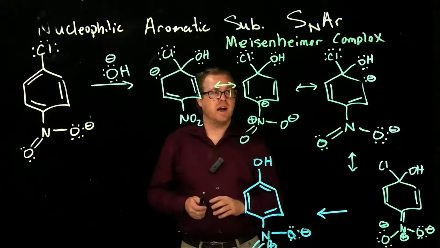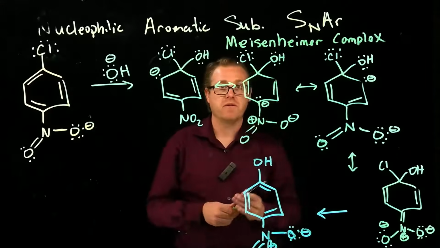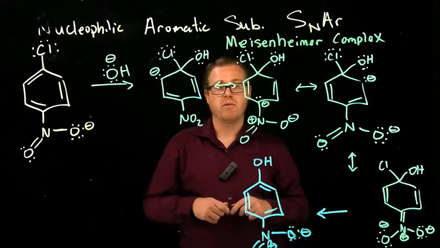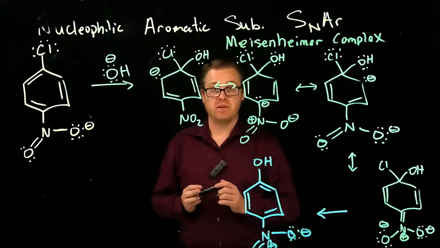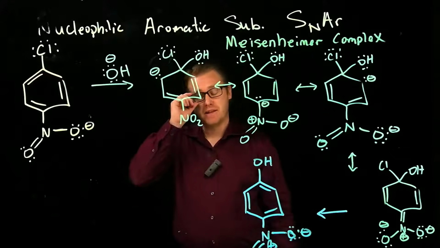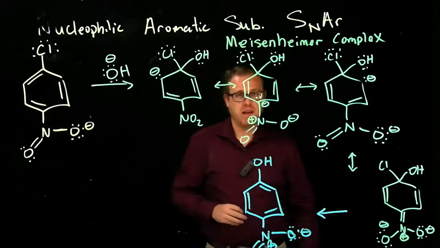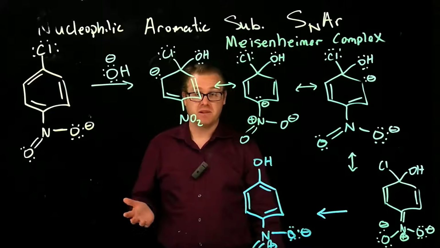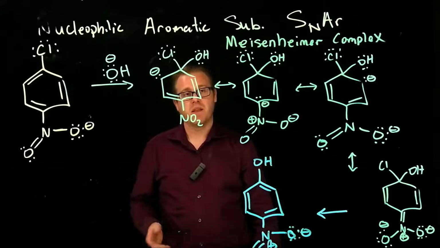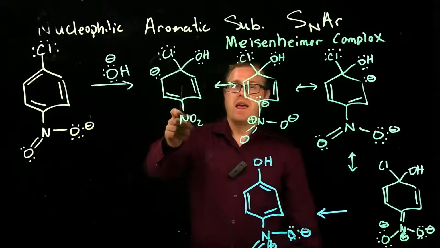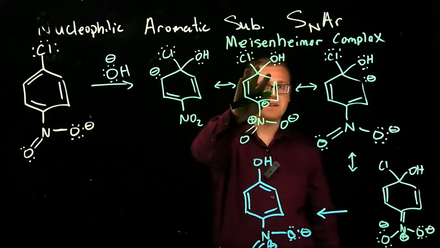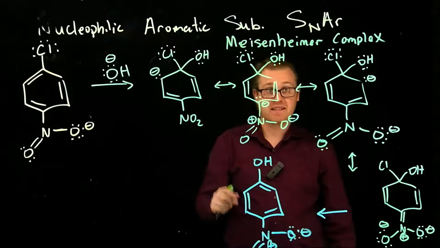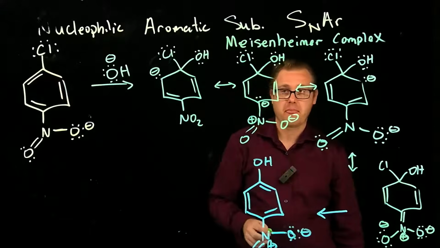Now this Meisenheimer complex may look very similar to the sigma complex. Recall that the sigma complex was with the electrophilic aromatic substitution reactions. But what's the difference between the Meisenheimer complex and the sigma complex?